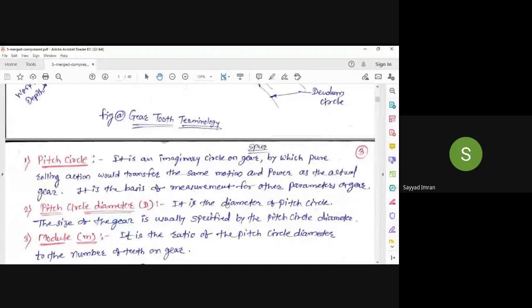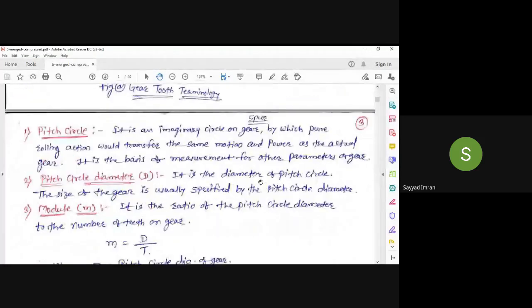Next, pitch circle diameter. Students, the pitch circle diameter is denoted by capital D. In some books it is capital D, in some books it is small d, so we can use any notation. What is pitch circle diameter?